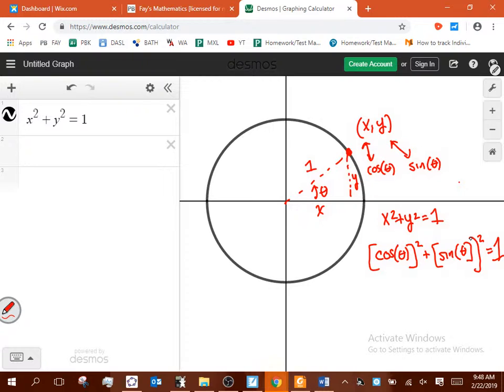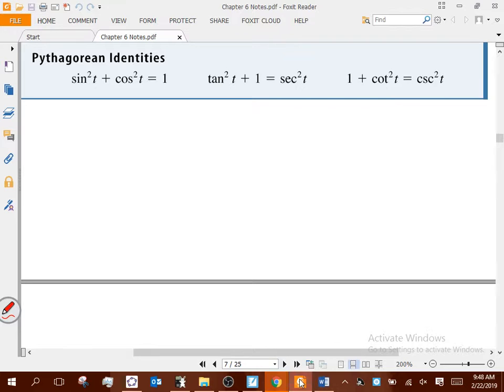That make sense? That substitution allows us to generate the first Pythagorean identity: sine squared t, or theta, whatever you want to use, plus cosine squared t is equal to 1.